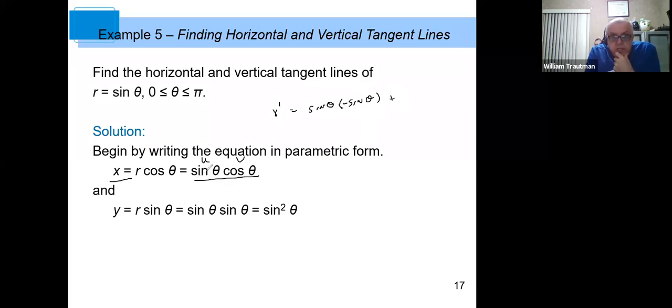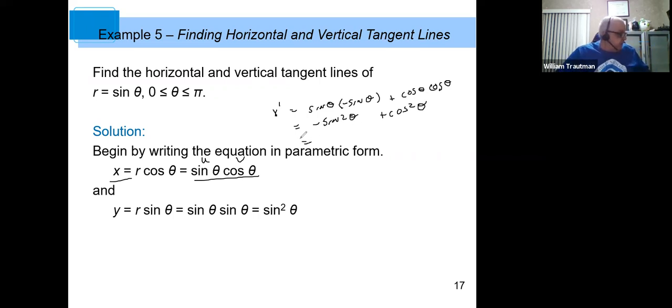Then we have du, which is cosine theta, times the cosine of theta. So this becomes negative sine squared theta plus cosine squared theta.